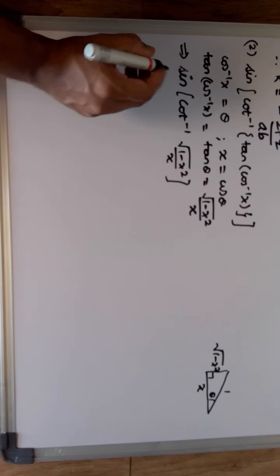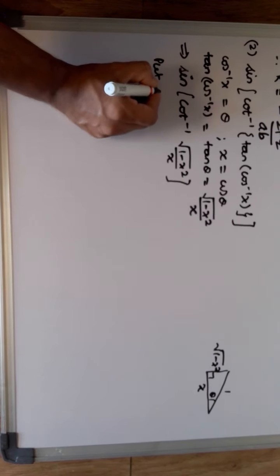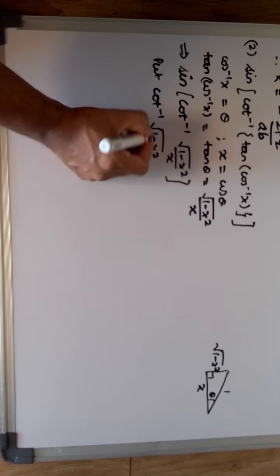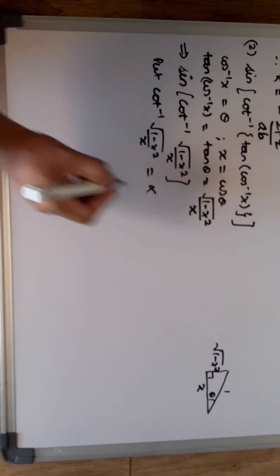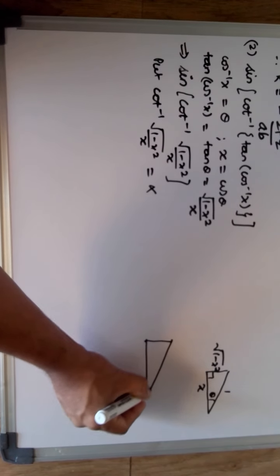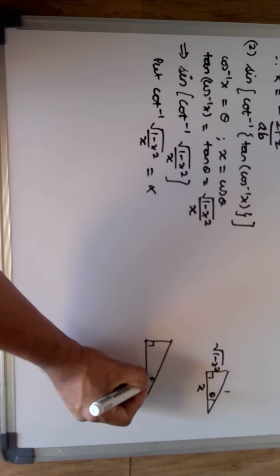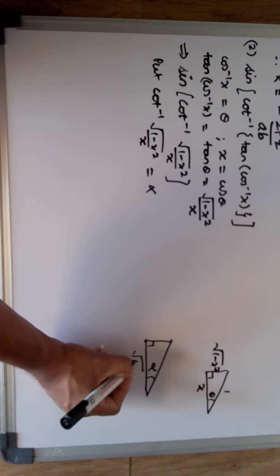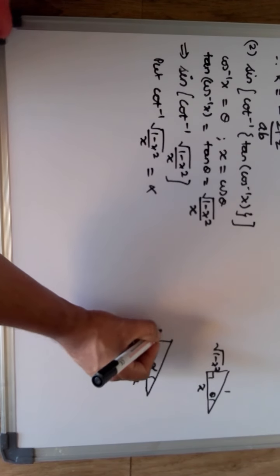Now what I will do here, I will put here cot inverse under root 1 minus x square by x is equal to alpha. So I draw a triangle over here. Agreed? Let this be your alpha. So obviously your cot alpha is equal to under root 1 minus x square by x. So it will be adjacent is to opposite, that is under root 1 minus x square is to x.